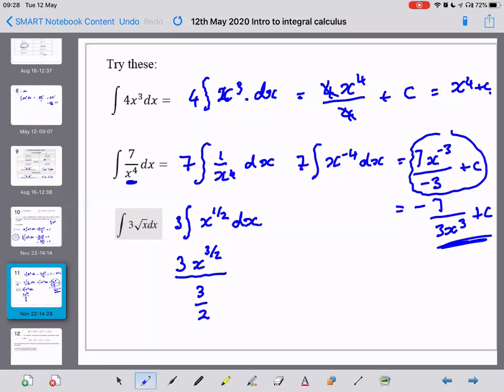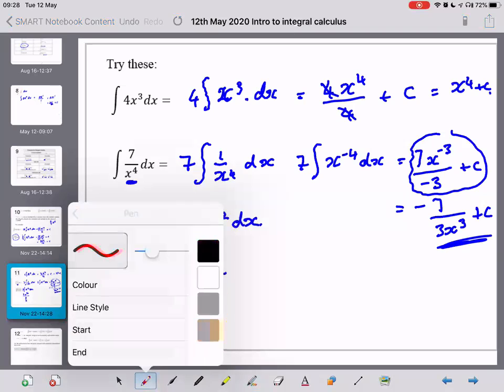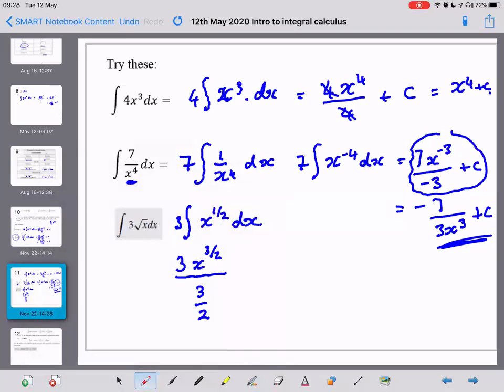What we've effectively got there is a fraction over 1 on top, divided by 3/2. When we divide one fraction into another, we turn the denominator fraction upside down. So what we've got here is 3x to the 3/2 over 1 times 2/3.